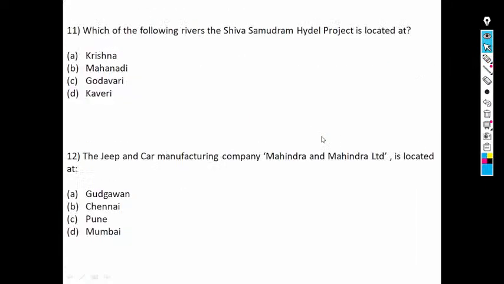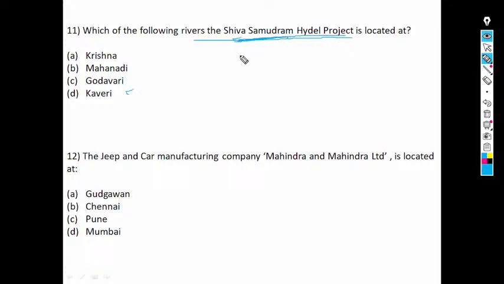Next we will see which of the following rivers, just listen carefully, which of the following rivers is the Sivasamudram hydel power project located on? Krishna, Godavari, Mahanadi and Kaveri.